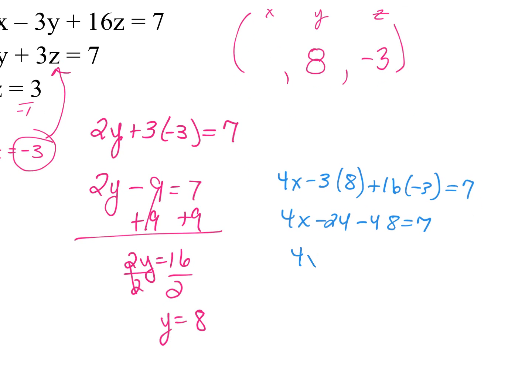All right, we have 4x minus 24 and 48 is 72, equals 7.